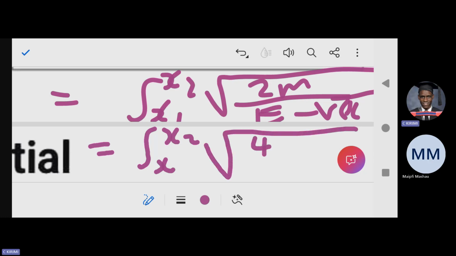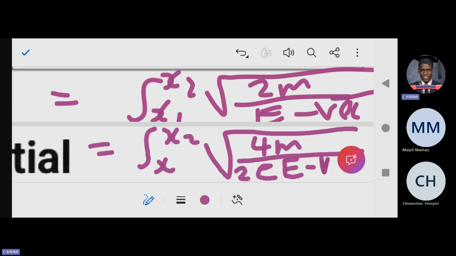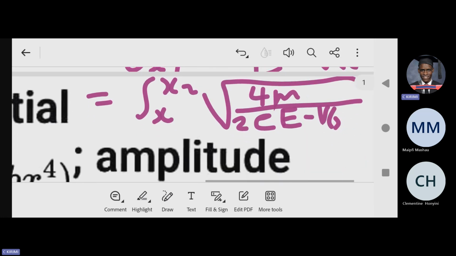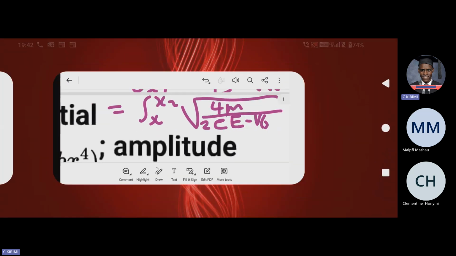This is 4m. I multiply by 2, and you also multiply the denominator times 2, which means 2 bracket E minus V of x. So the 4 is the one that is going to come outside the integral. After you've manipulated, the 4 will come outside the integral.